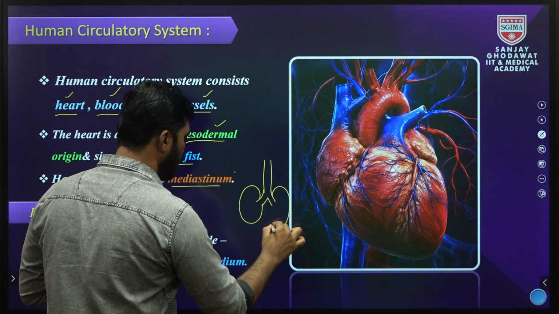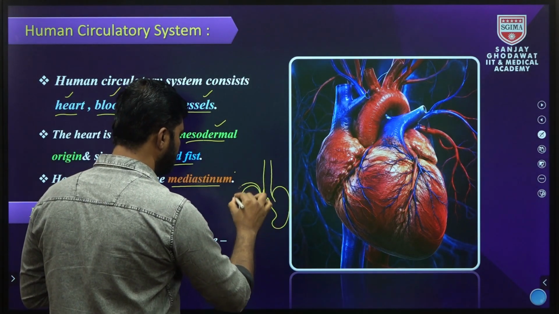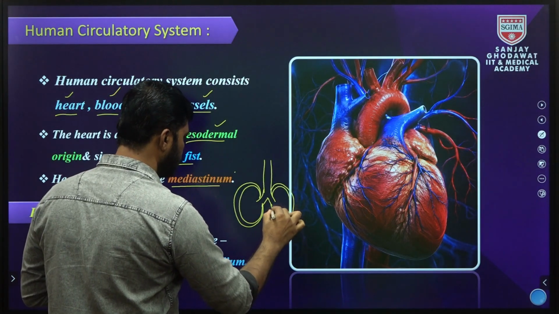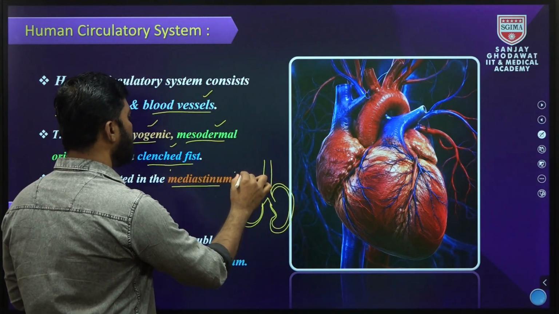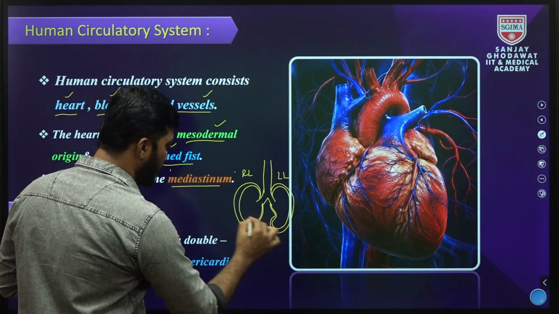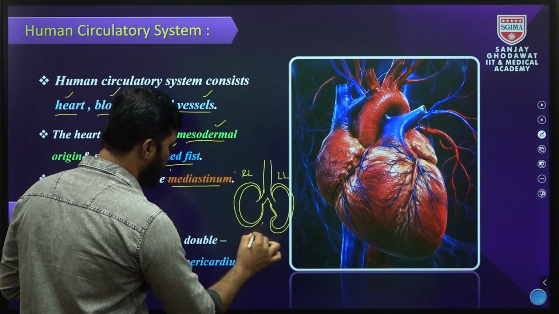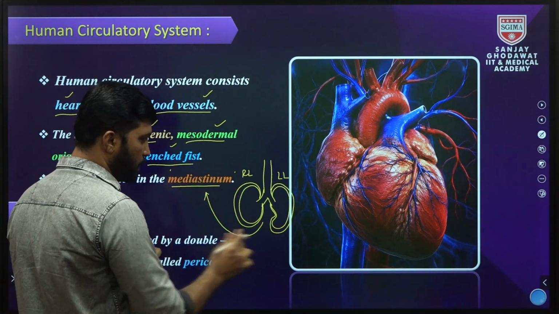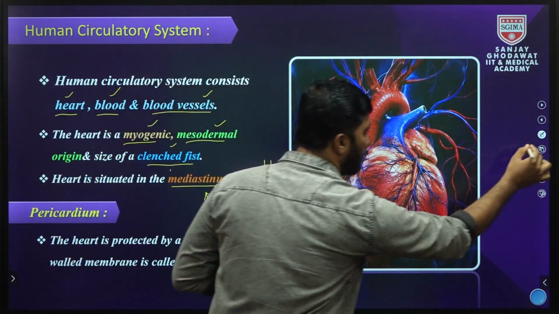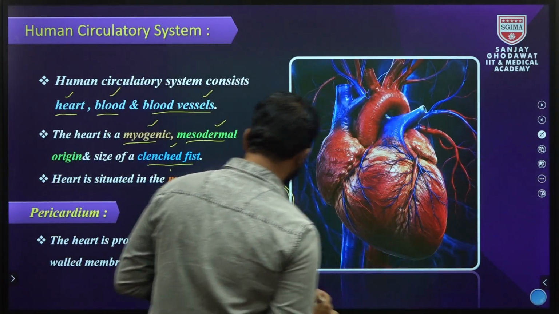This is the right lung and this is the left lung. The lungs are separated by the mediastinum. Between the two lungs is the mediastinum, and in the mediastinum the human heart is present.